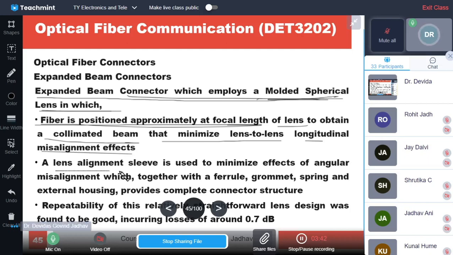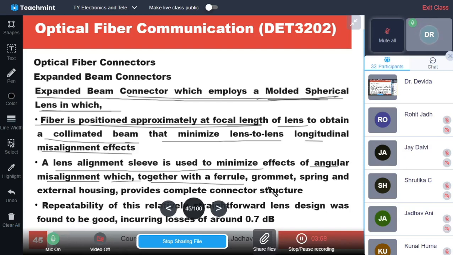And then a lens alignment sleeve is used to minimize the effect of angular misalignment. That sleeve can be adjusted on a minute micrometric scale, so the effect of angular misalignment can be corrected.